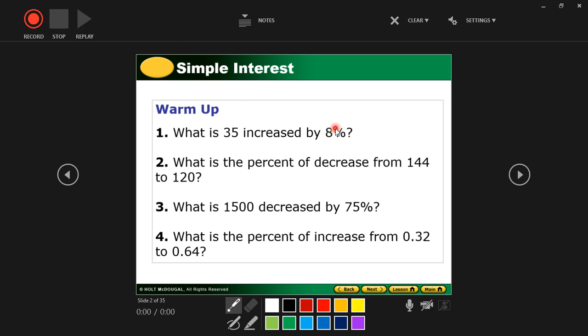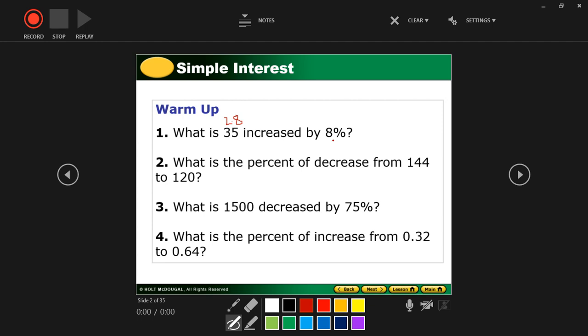So 8 divided by 100 is 0.08. Then 0.08 times 35, that is just 2.8.